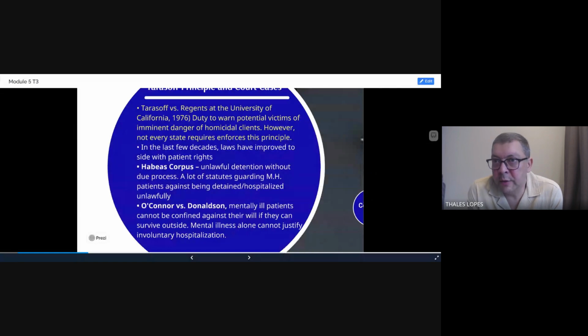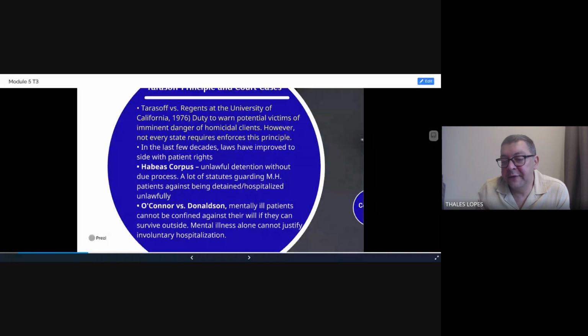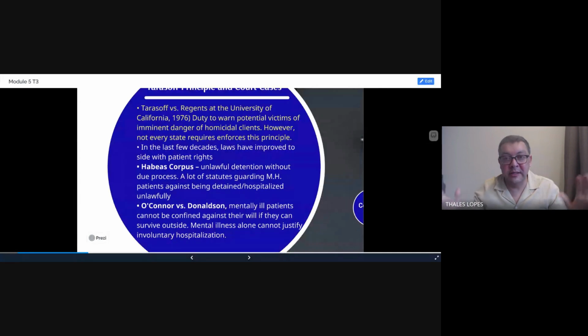Finally, this case went to court, and it was ruled that a person cannot be confined against their will because of mental illness alone, if they can survive outside. Mental illness alone, even schizophrenia, cannot justify involuntary hospitalization.